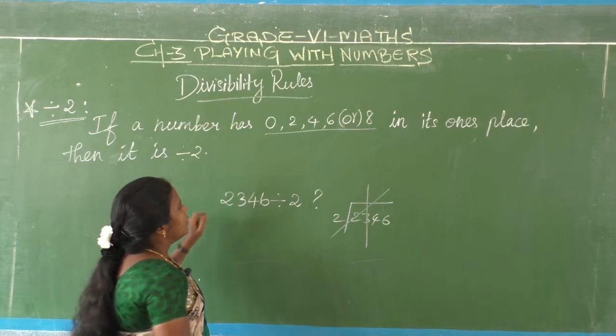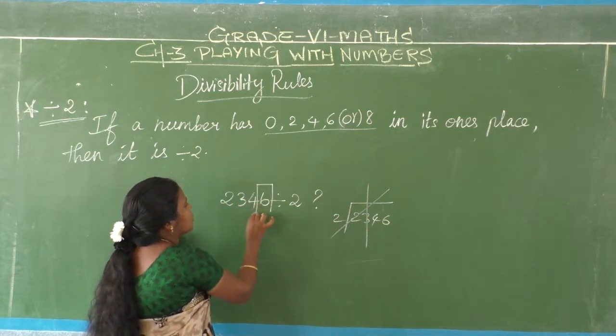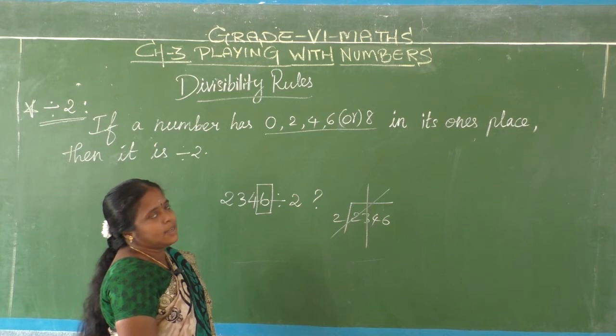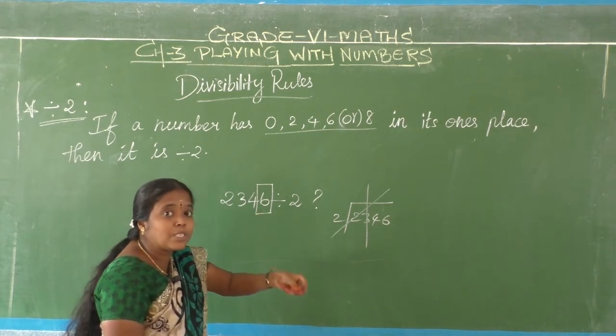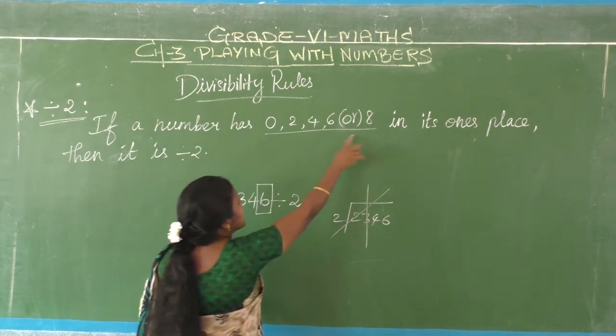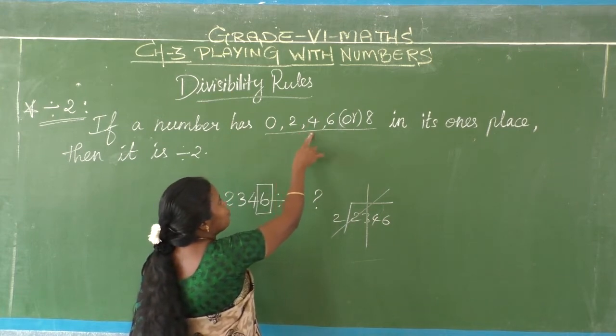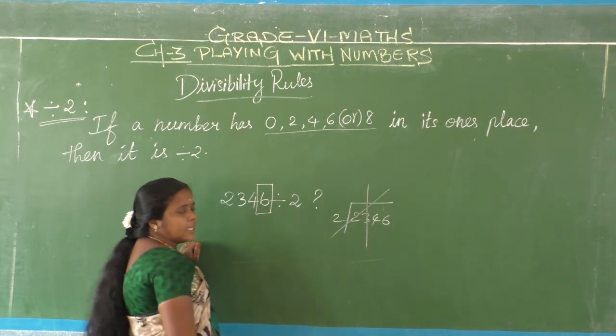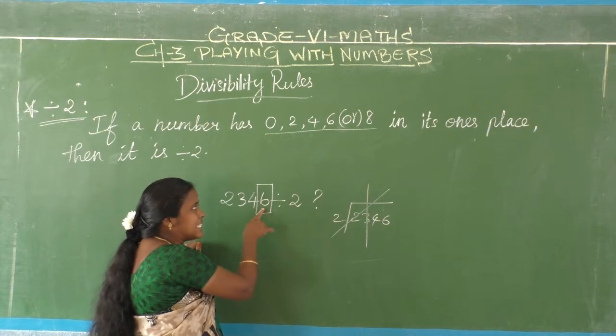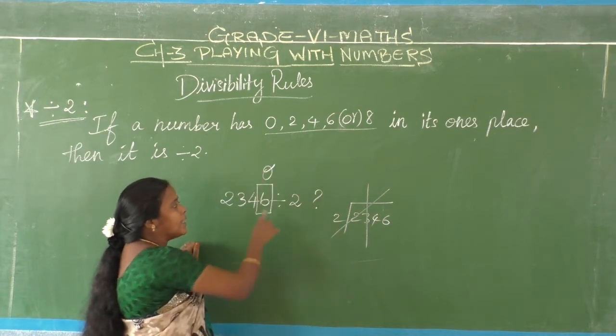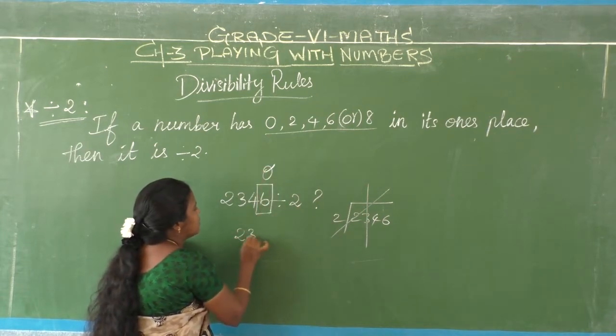What is the rule telling? It is telling us to focus on the ones place. In the ones place, which digits must be there? Any of 0, 2, 4, 6 or 8. If any one of these is present in the ones place, then we can tell this number is divisible by 2.